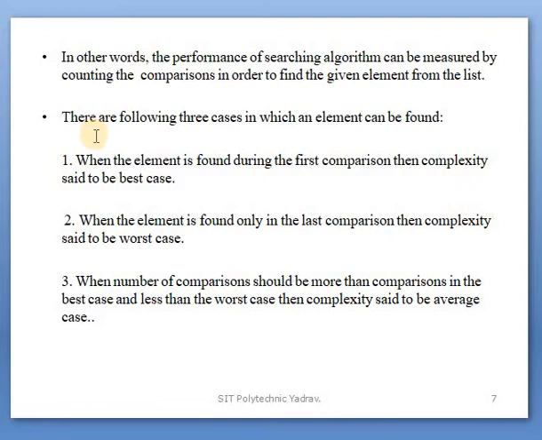Next point: there are the following 3 cases in which an element can be found. Through these 3 cases we say that the search falls under the best case, the worst case, or the average case. Let us see these cases one by one. First case: when the element is found during the first comparison, the complexity is said to be the best case.